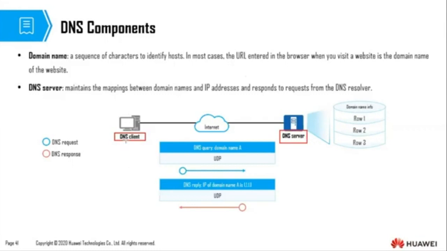So when you type Huawei.com, your machine is going to send a DNS query with Huawei.com using UDP. It's going to find the DNS server. It's going to send to the DNS server because you remember the DHCP server issued the IP address of the DNS server. You remember that? So you are configuring a DNS list, then an IP address of the DNS server. So you understand now why that was important?